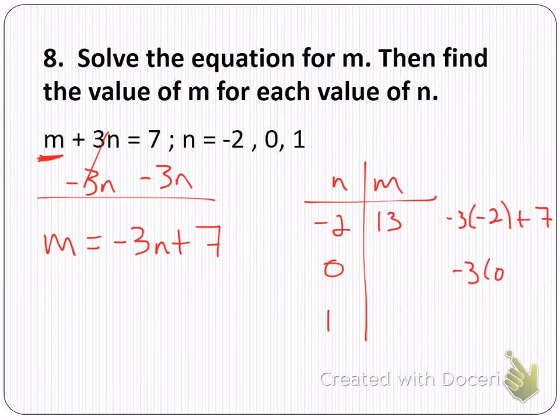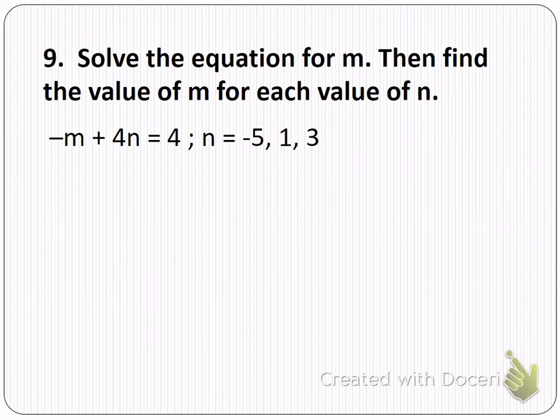I'm going to plug in 0 for n. Negative 3 times 0 is 0. 0 plus 7 is 7. And then I'm going to take negative 3 times 1 plus 7, which is going to be 4. And there are your values for m, 13, 7, and 4. It's kind of like our domain and range stuff that we did with our functions. Okay? Make sense?